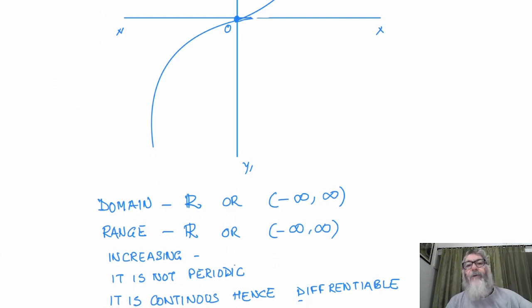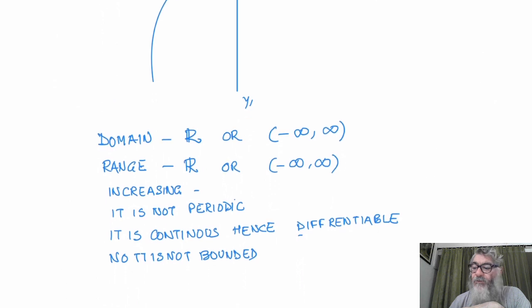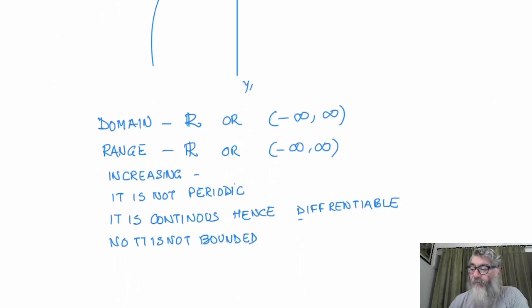Some graphs can be upper bound, some can be lower bound, and some can be completely bounded between two horizontal lines. But this is neither, because once its range is the set of real numbers, going from minus infinity to plus infinity, it can never be bounded.